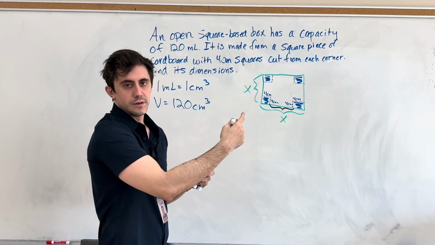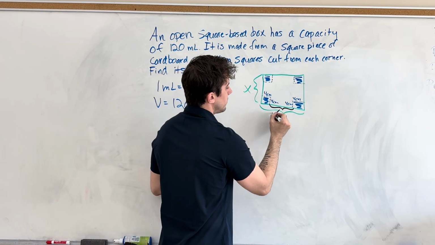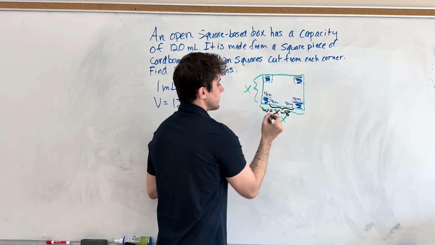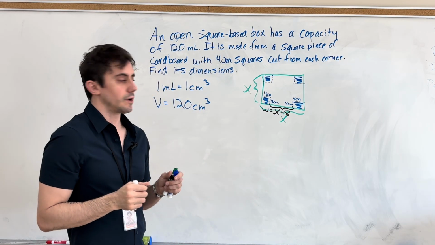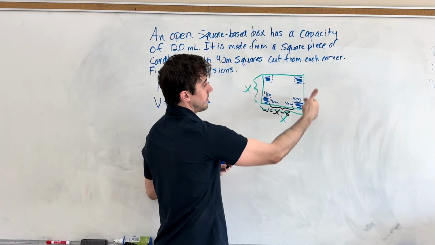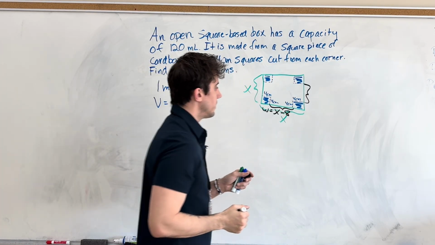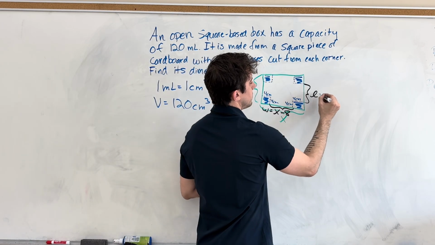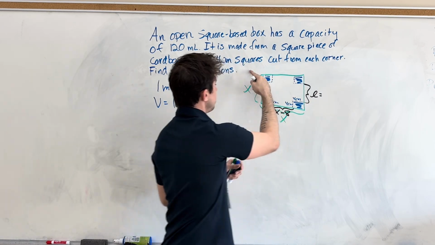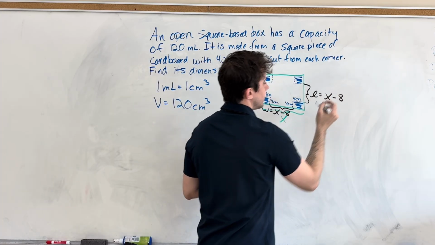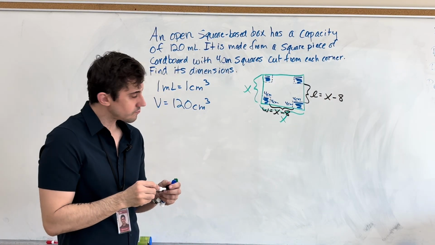Minus 4 on both sides, and so altogether, we'll have a new width of X minus 8, okay? And then obviously the same thing for its length. And so its new length will be, again, X minus 4 minus 4, and so identically X minus 8.